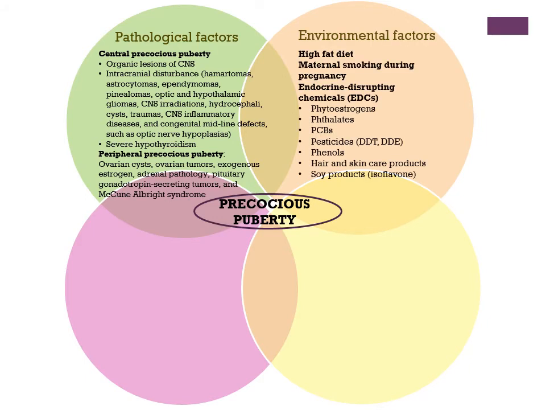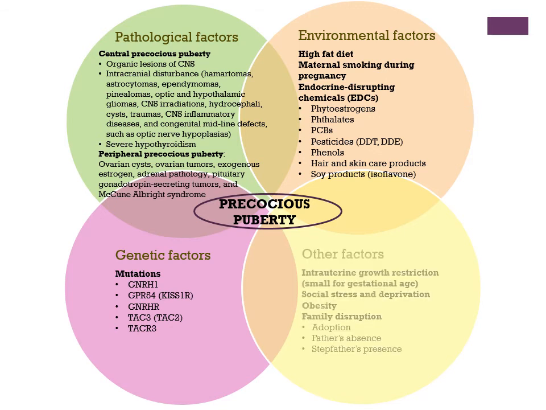Some of the environmental factors that have been associated with precocious puberty include high-fat diet, maternal smoking during pregnancy, and most importantly, exposures to many endocrine-disrupting chemicals, such as phytoestrogens, phthalates, PCBs, pesticides, soy products, etc. Genetic factors due to mutations of certain genes like the GnRH1, GPR54, etc. could also lead to early onset of puberty.